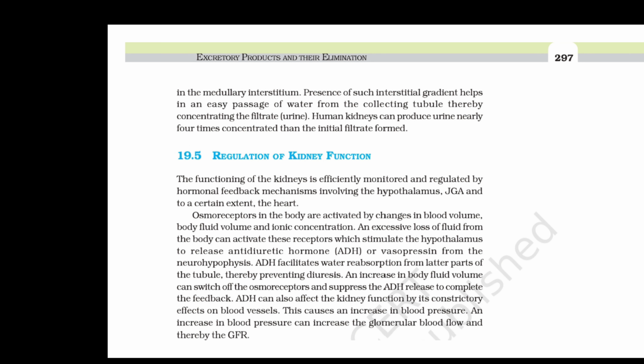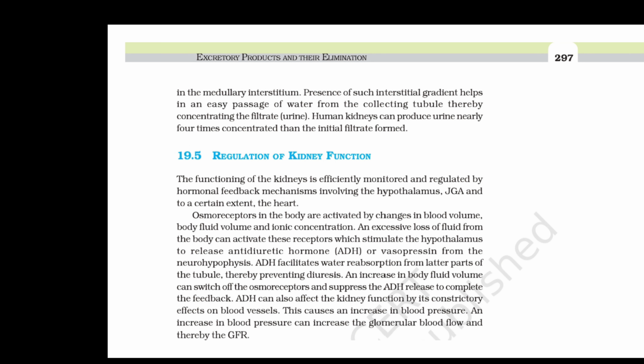An excessive loss of fluids from the body can activate these receptors, which stimulate the hypothalamus to release antidiuretic hormone, ADH or vasopressin, from the neurohypophysis. ADH facilitates water reabsorption from the latter parts of the tubules, thereby preventing diuresis. An increase in body fluid volume can switch off the osmoreceptors and suppress the ADH release to complete the feedback.